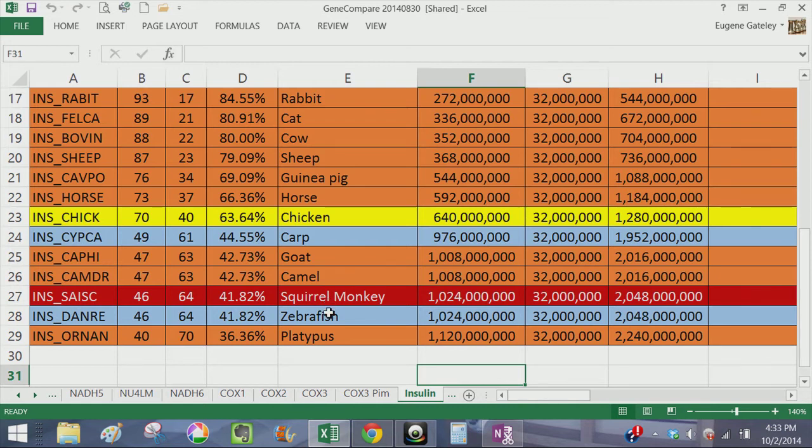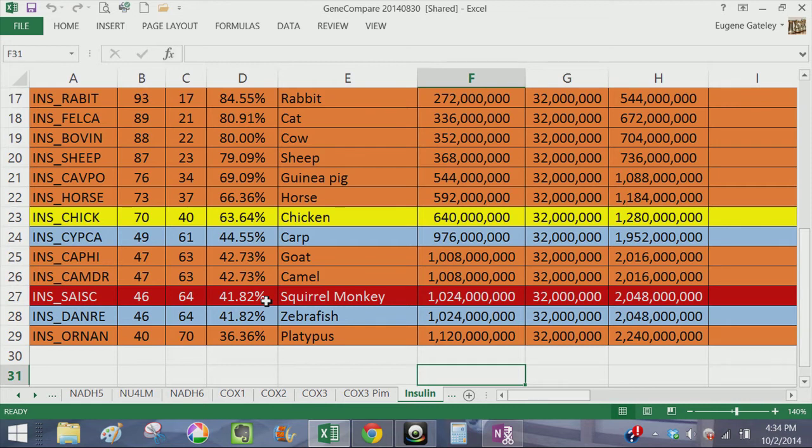So you've got a zebrafish, which of course is a fish, with exactly the same number of differences, 64, as a squirrel monkey, the same exact percentage of identity, percentage of similarity.